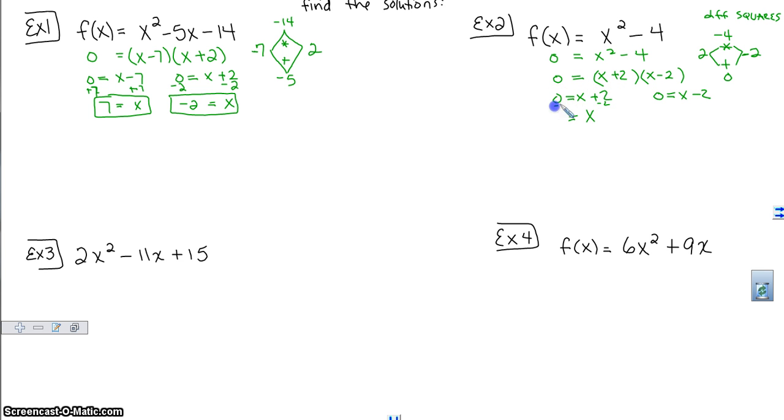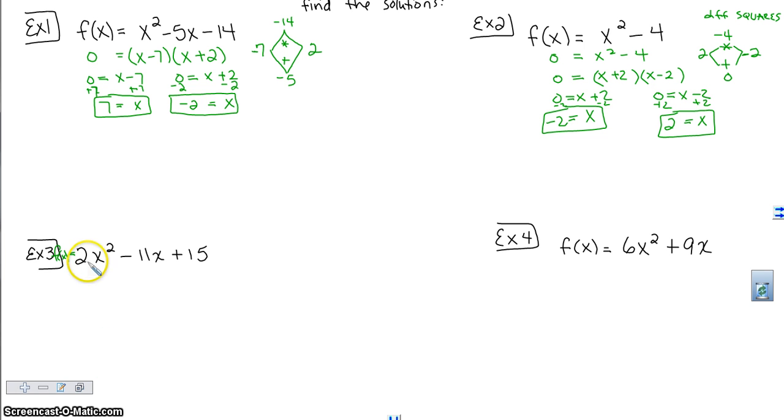Subtract 2 from both sides. My x-intercept is at negative 2, or my solution. Add 2 over here. 2 and negative 2 are my x-intercepts, my solutions, my real solutions. Alright, let's take a look at this one. I forgot to write that f of x. I'm just going to pretend like that had f of x written there.